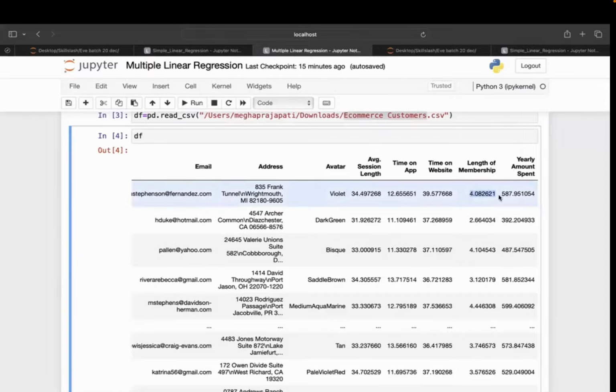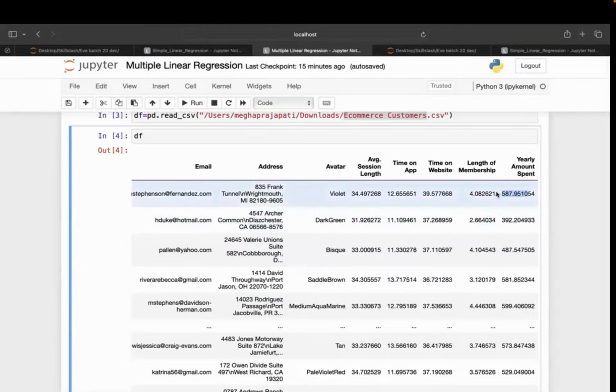Okay. Now yearly, how much amount they are spending in this overall activity. Okay. Since they are going to buy the membership, it is going to cost something. They are spending time on the application, and that is also giving them some profit. The average session length, let's say if you go in store and have a discussion with the stylist, that is also giving them some extra amount, or you are paying them for that hour.